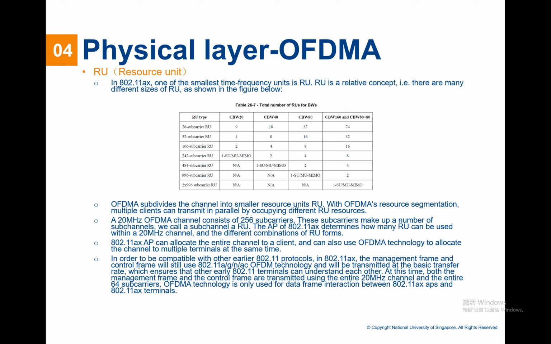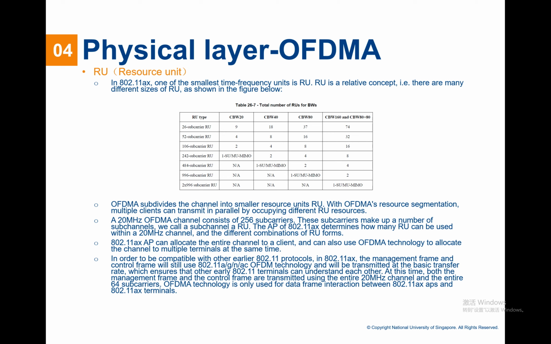In order to be compatible with other earlier 802.11 protocols, in 802.11ax, the management frame and the control frame will still use 802.11a, n or AC OFDM technology and will be transmitted at the basic transfer rate, which ensures that other early 802.11 terminals can understand each other.